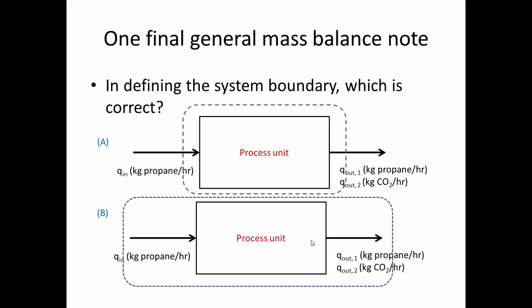Well, the answer to that is that A is technically correct. The system boundary, when we talk about mass balances, should not include the streams in and out that we're trying to solve for. So when you're faced with a situation where you're asked to draw the system boundary or circle the system boundary, do not include the streams in and streams out of that particular system boundary.